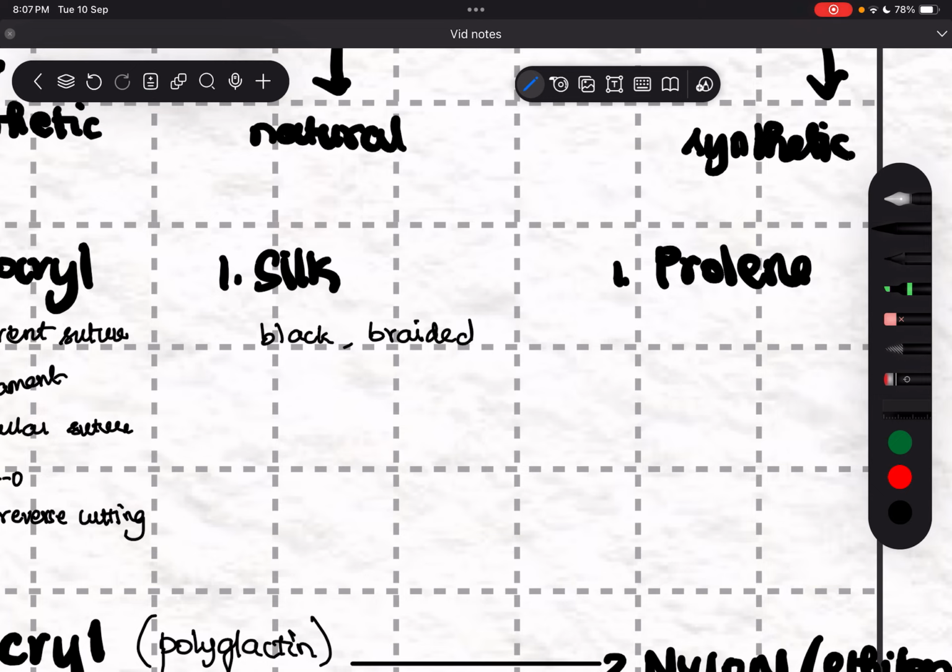The use is 2O, 3O with a cutting needle in the skin. For drains, we use 1 or 1O or 2O with a cutting or reverse cutting needle.